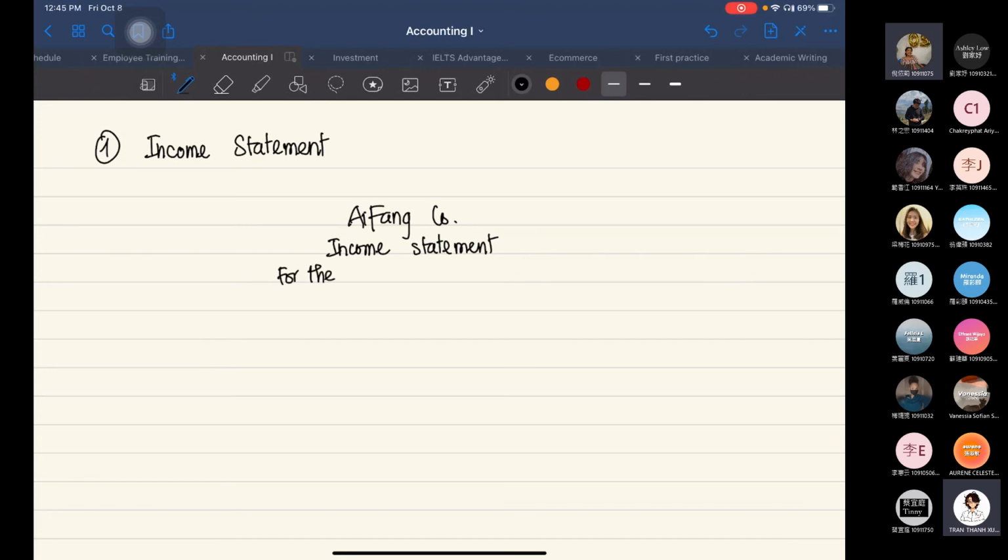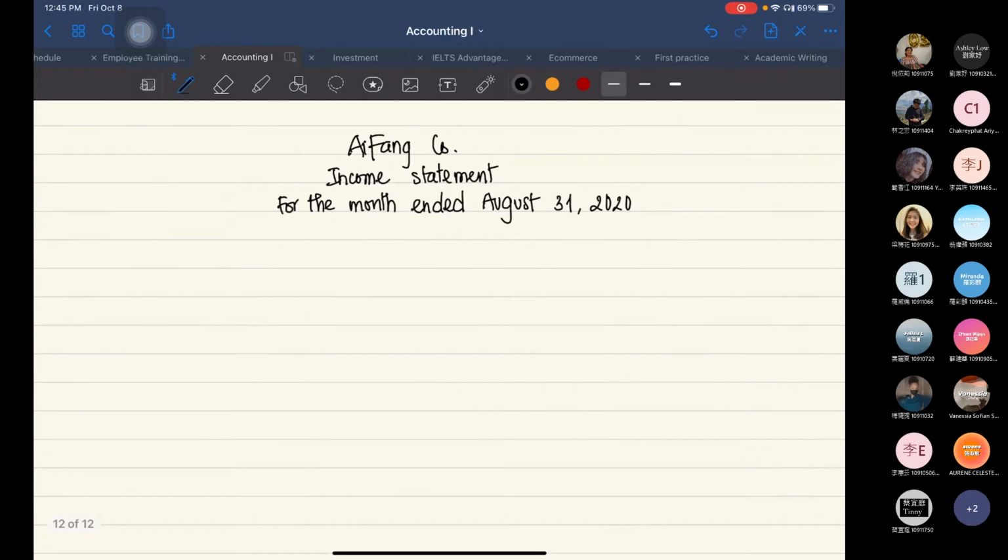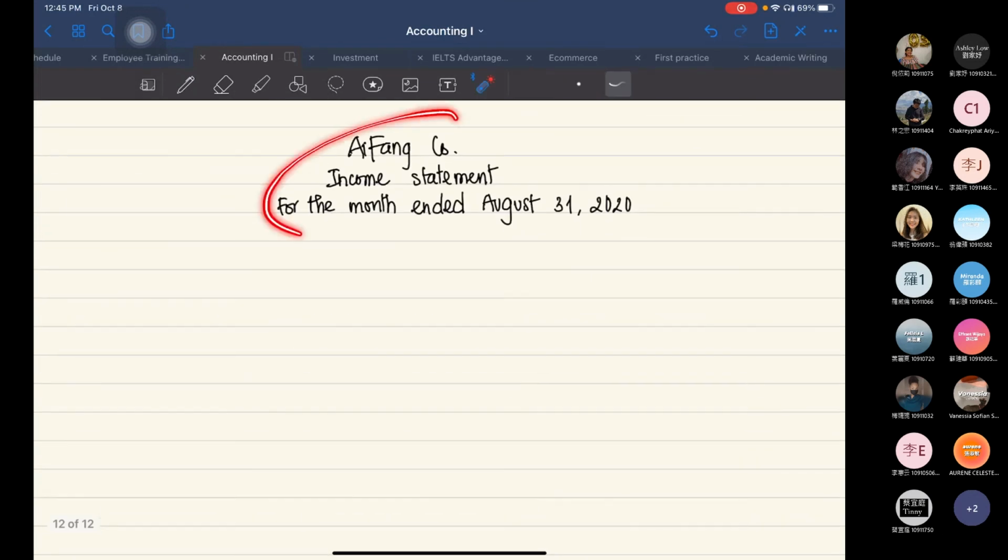Later on I will send you guys a PDF file and some pictures of the notes that we take here into the Line group. Remember when you do the income statement or any statement, write the company name and the time.